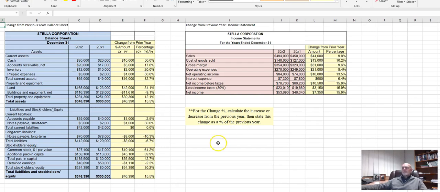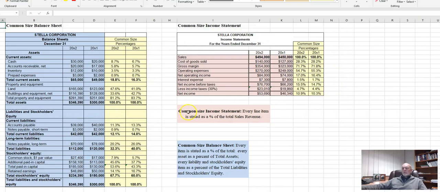Another way to look at the financial statements is with what's called common size financial statements. Here's a common size balance sheet, and on a common size statement, everything is listed as a percentage of the total. So on the balance sheet, we're going to list every item as a percentage of the grand total.